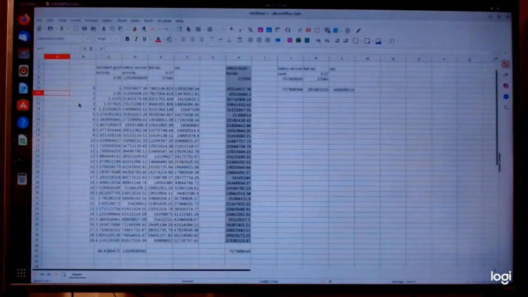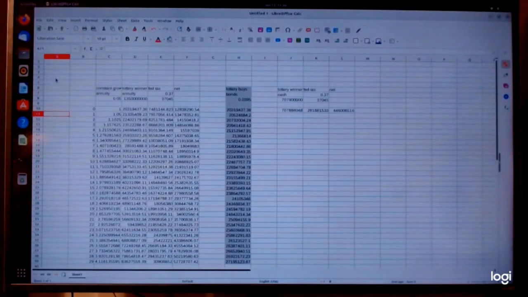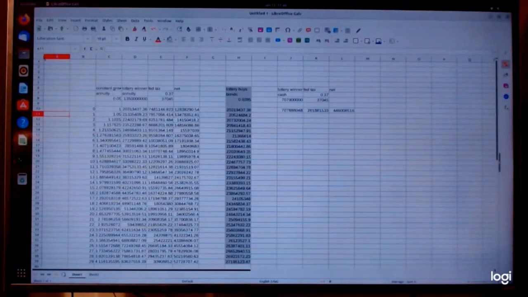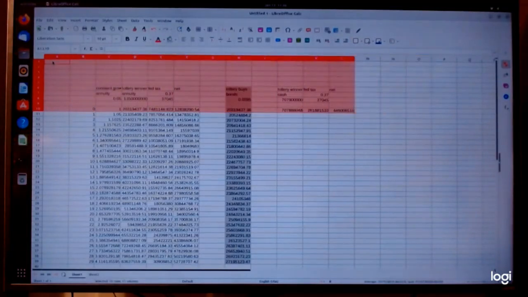Now, that's really not how the lottery calculates the annuity. We need to see how they calculate the annuity. We need that big formula.